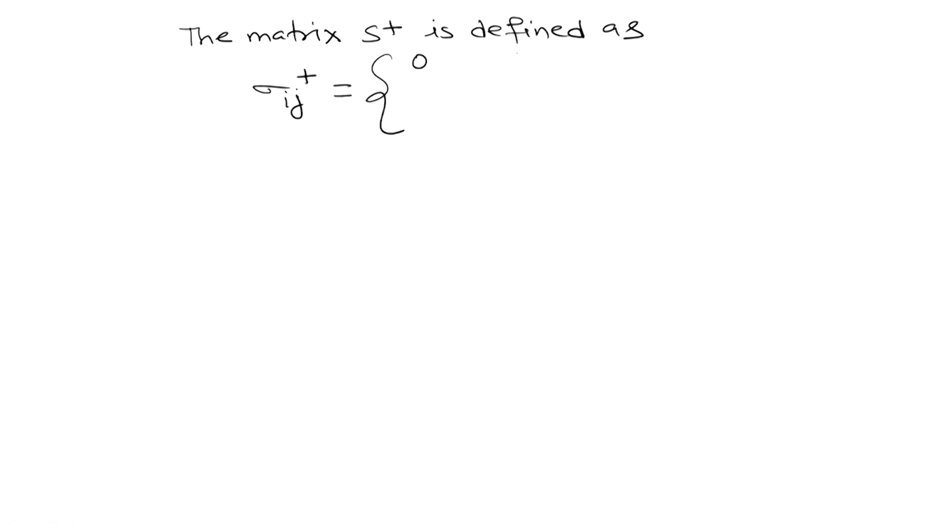So, the matrix S plus is defined as: if sigma ij are the entries of S, then the entries of S plus I am defining as sigma ij plus, and this equals to 0 if sigma ij equals to 0, and it is equals to 1 upon sigma ij if sigma ij is non-zero.